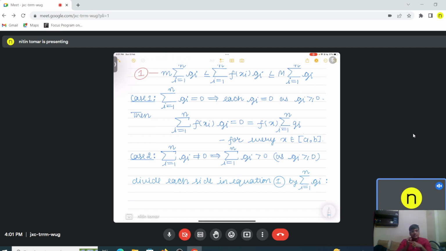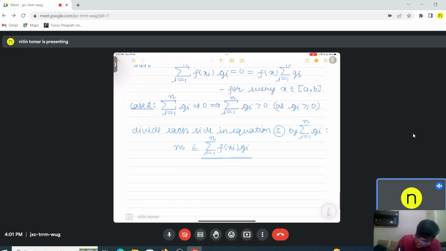The inequality changes when and only when the number that you are dividing with is negative. So when you divide, we will have m less than or equal to summation f of xi gi, i going from 1 to n, divided by summation gi.